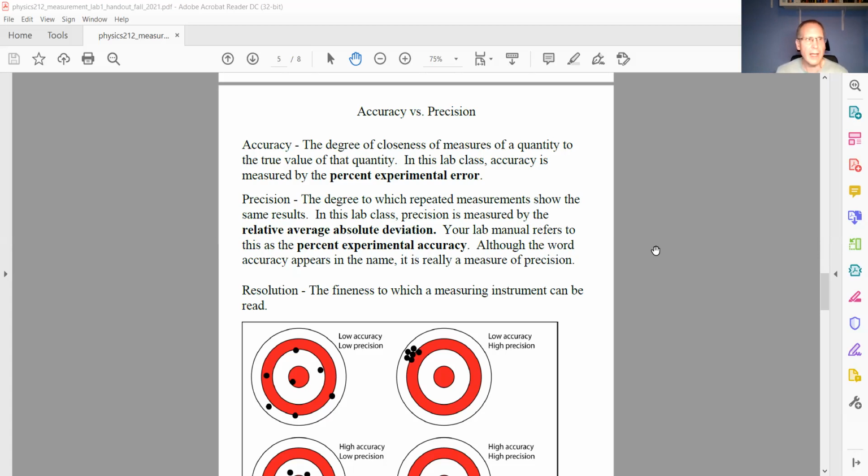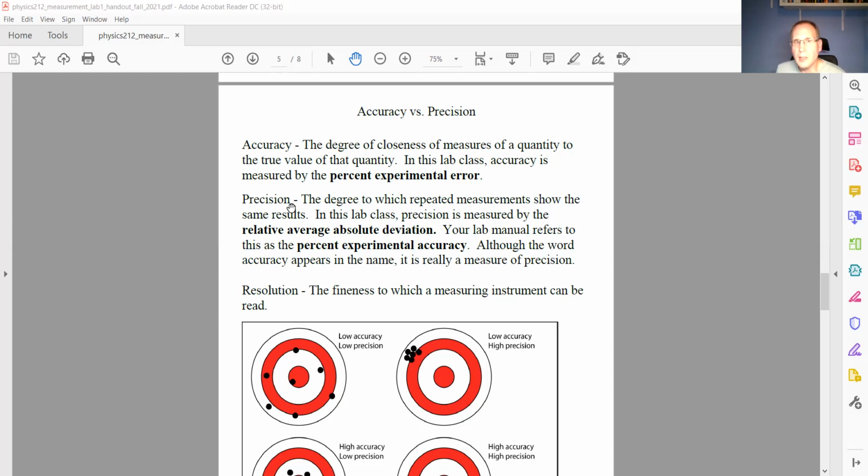So it's when you compare an average of your experimental values to a true value, or an accepted value, or sometimes we'll say predicted value. So you're comparing your average, your experimental value, to a true value. In this class, the accuracy is going to be measured by something called the percent experimental error. I'll show you how to compute that in a little bit. You're going to be computing it over and over again throughout the course.